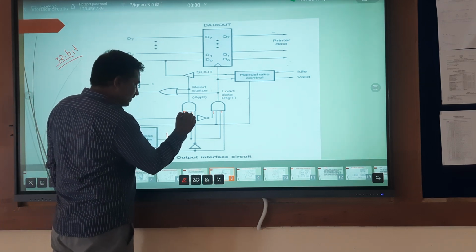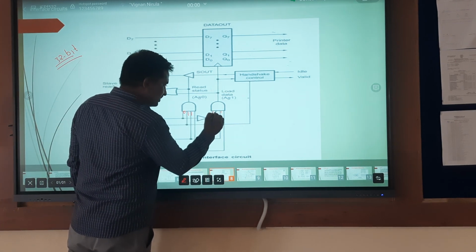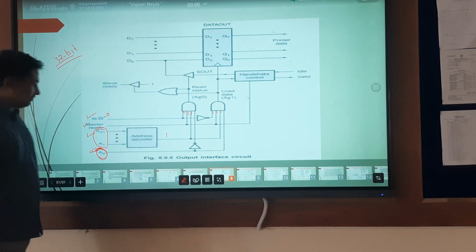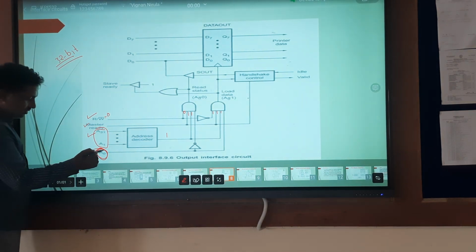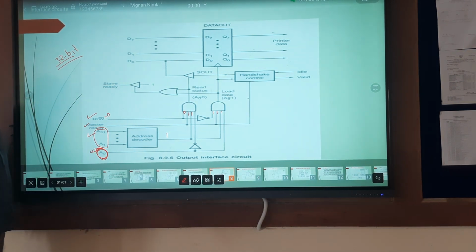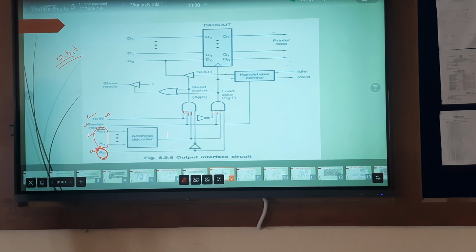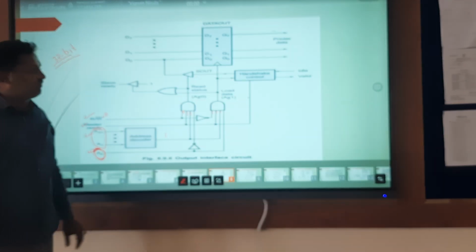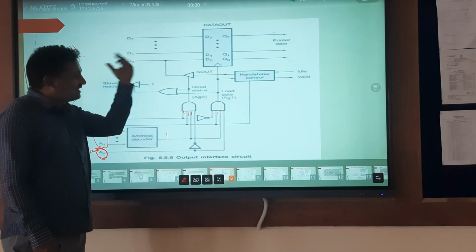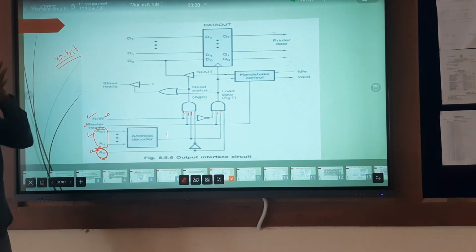So this is also treated as a 1 and this is also treated as a 1. Finally, we have only one bit left, which is the A0 bit. This is the important bit. With this bit, we can identify whether the data is transferred to the output device or we are going to read the status of the data.